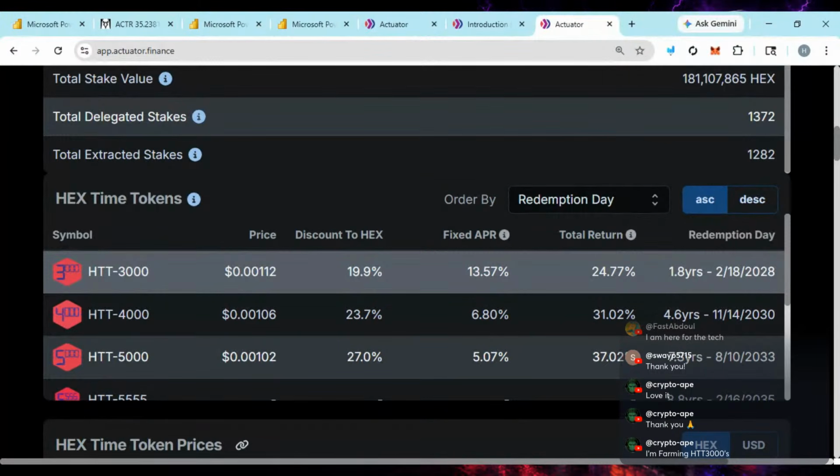Let's say they were going to swap in to get 100 HEX worth. Well, when they get it back later, they'll get their 120-ish HTT 3000s. Well, that 120 becomes 120 HEX in 1.8 years.